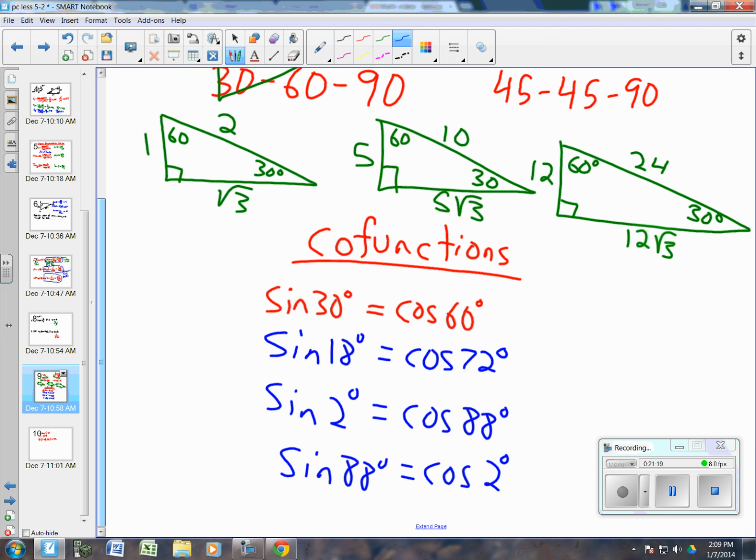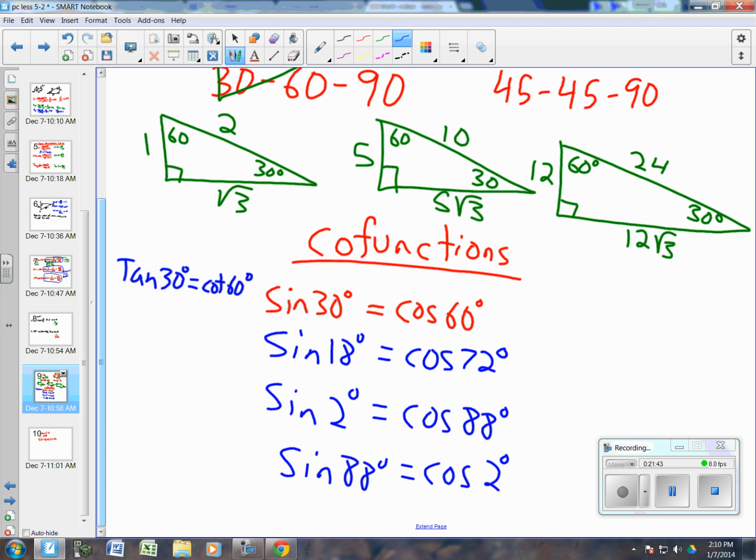We call these cofunctions. Now, besides sine and cosine, the tangent and the cotangent are also cofunctions. So I can take the tangent and cotangent of two angles that are complementary, and they're going to be equal to each other.